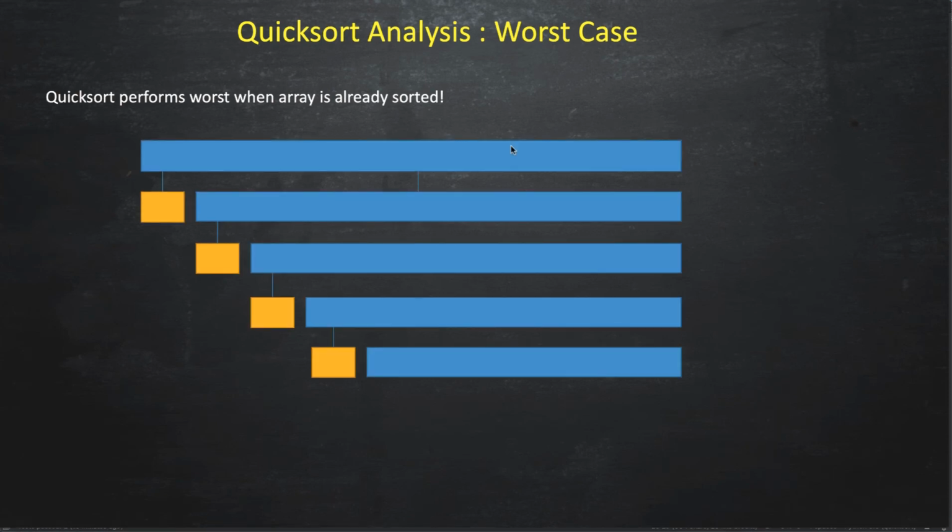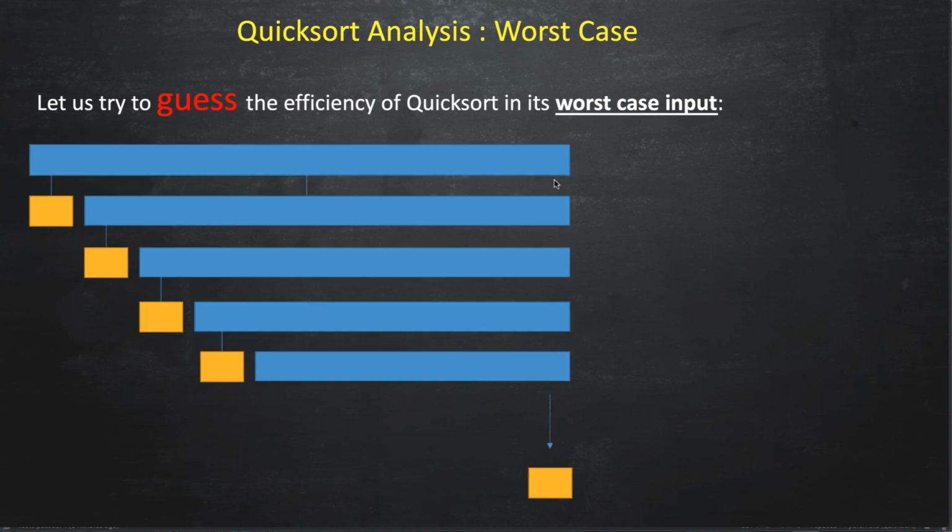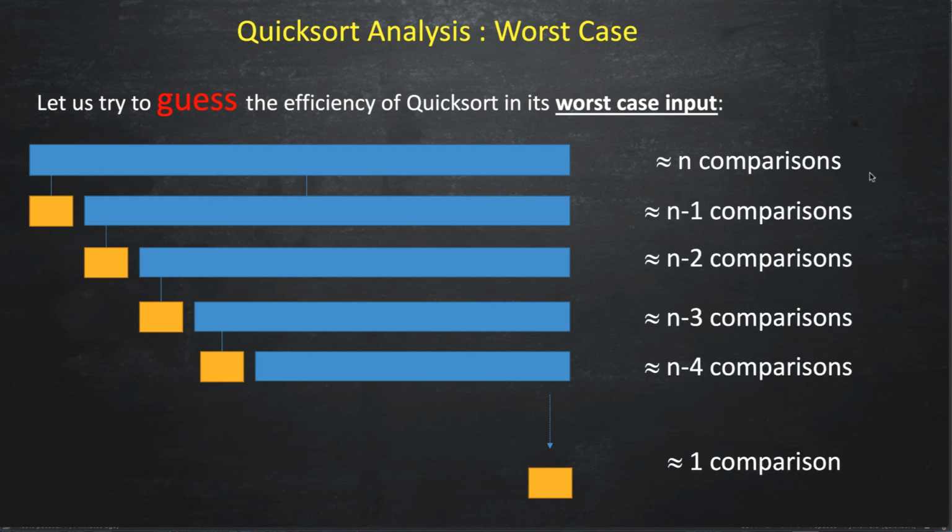Let's say this is your input array and the array is sorted. What will happen is each time we'll be doing partitioning at the first location. So if you have to guess the efficiency of Quicksort, initially we'll be doing n comparisons.